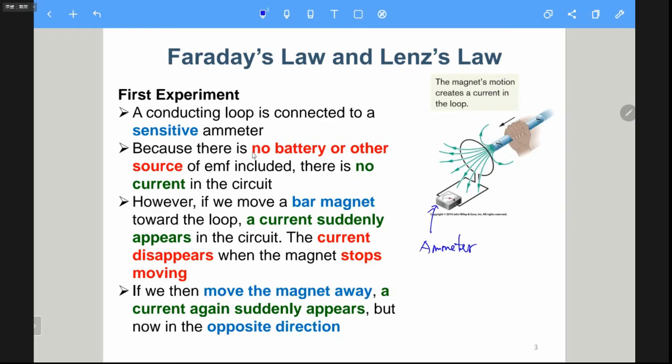Because there is no battery or other source of EMF, induced EMF is the long term, called electromotive force.